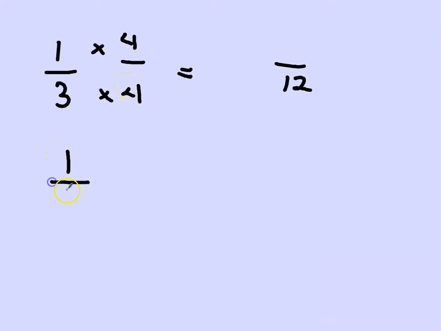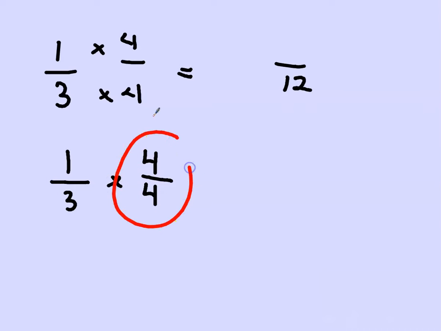Would you agree that I could multiply 1/3 by 1 and it would remain equivalent? So 1/3 times 1 is still 1/3. Well, what I'm doing when I multiply by 4 on top and 4 on the bottom is really I'm multiplying by 4/4. And that, my friends, is the same thing as 1. It's equal to 1.